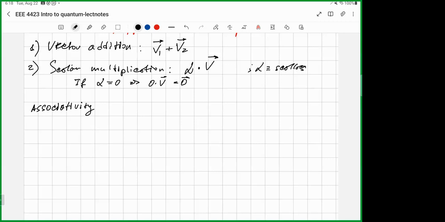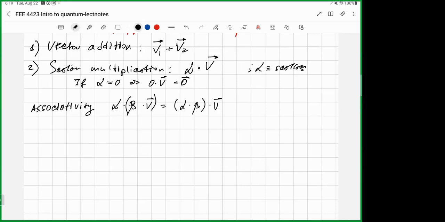Associativity means that if you have an expression like alpha times beta, which is another scalar, times any vector v, I can take the product of beta and v first, and then multiply the result by alpha, or I can take the product of alpha and beta first and then multiply by the vector v.